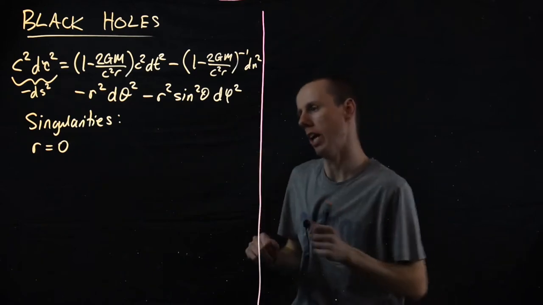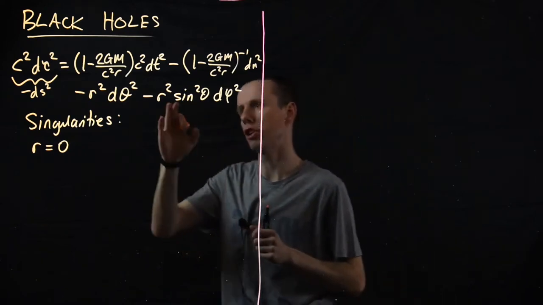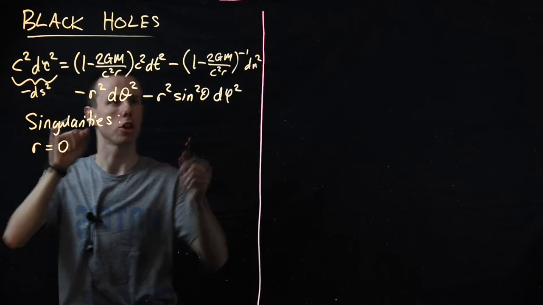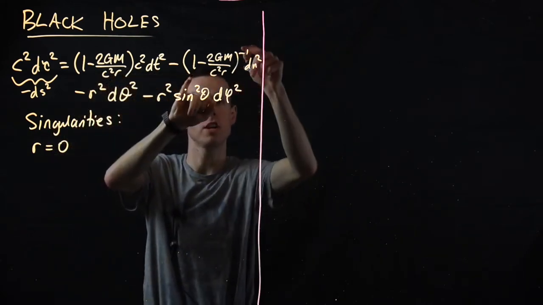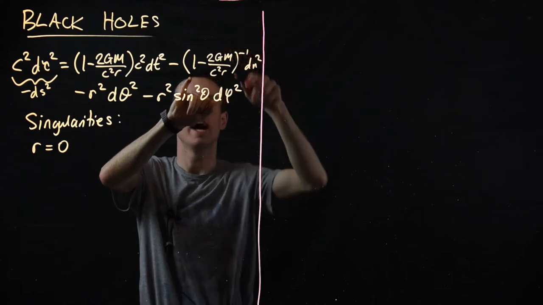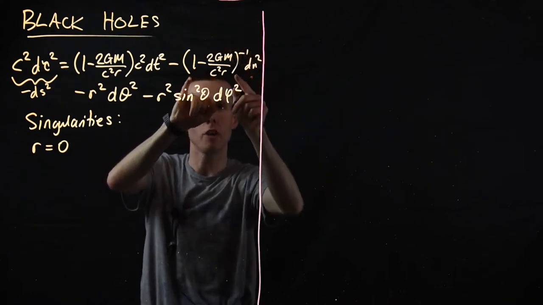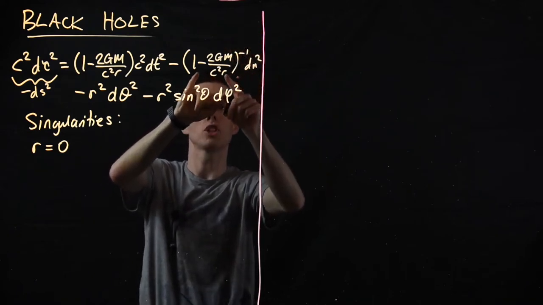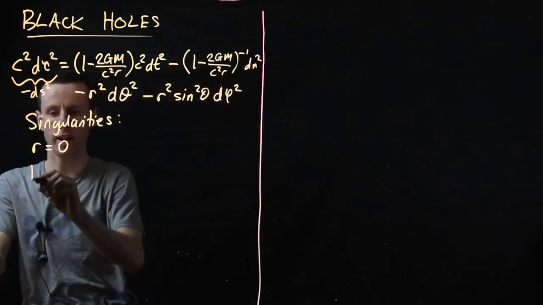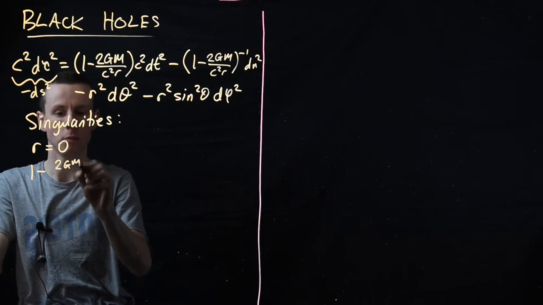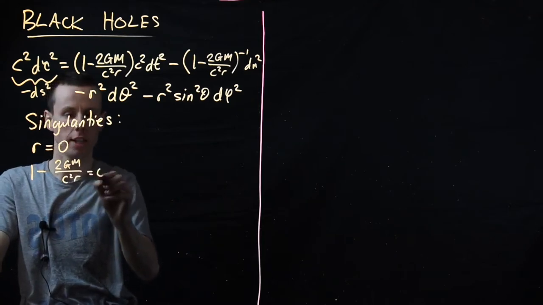So that's a singularity, and then there's another singularity that comes from here. Here you've got a superscript -1, so there is division here. You get another singularity if what's inside this bracket is equal to 0. So you get another singularity at 1 minus 2GM over c squared r equals 0.